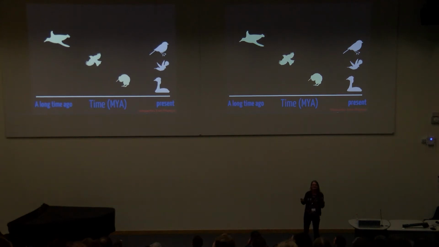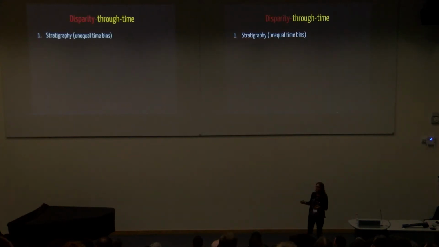So what we need to do is think of a way of subsampling our taxa in order to get these disparity measures. And the common way that people will do this is by using stratigraphic time bins. So these are generally unequally sized. They might be ages or epochs, whatever your favorite period might be.